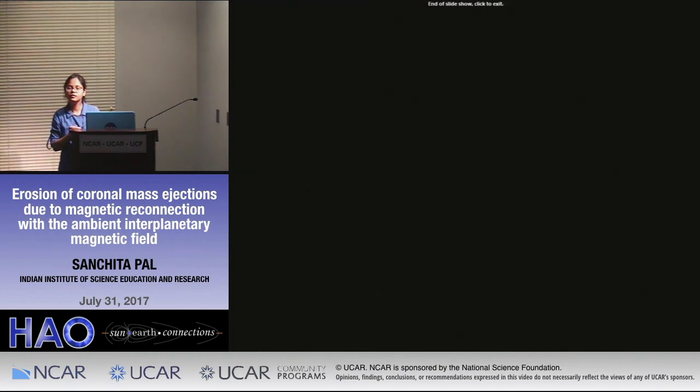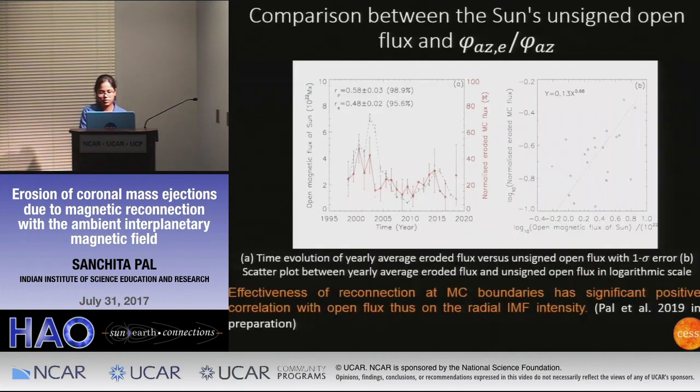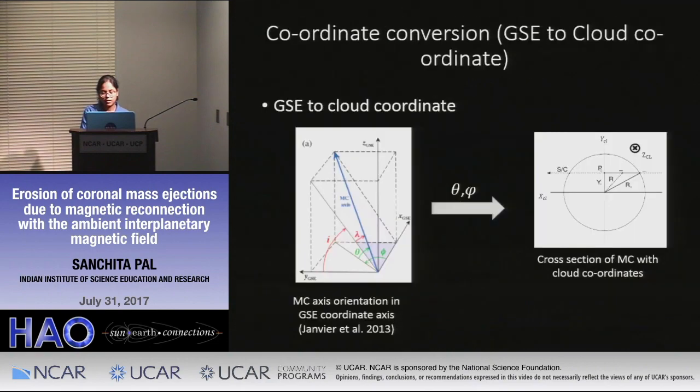What is the major implication of this study? What does this erosion do? Yeah, so if you don't consider the erosion and you try to predict the magnetic cloud's geo-effectiveness, then you can get a huge Dst index which might not actually happen, because due to the erosion it can lose some of its magnetic cloud, as I showed in this slide.